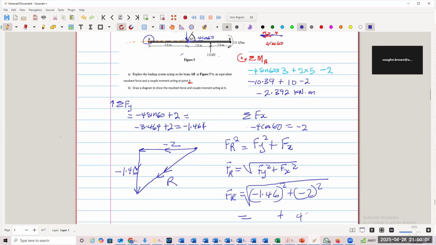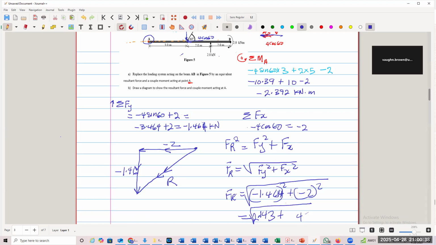So this should have been 1.44 kilonewtons, and we can put 1.44 down here. That is 1.44 squared. If you put minus in, it doesn't matter, minus or plus, because minus times minus gives you a plus. You square that and you get about 2.143.